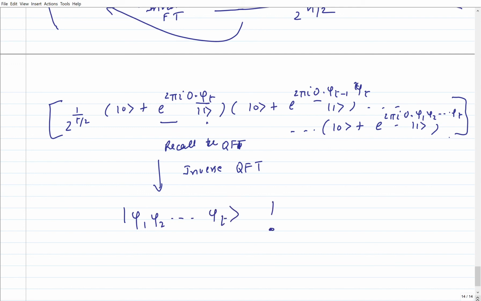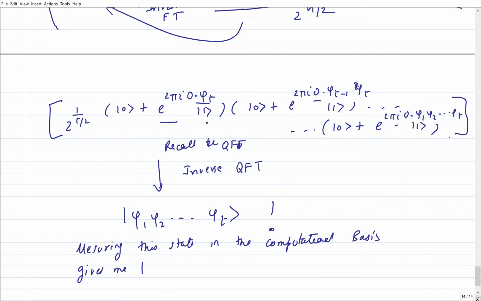So terrific. By measuring the state in the computational basis, I get the phase phi exactly. So this is fantastic.